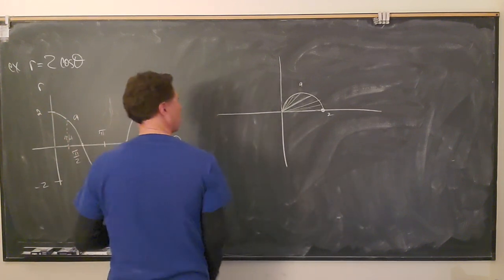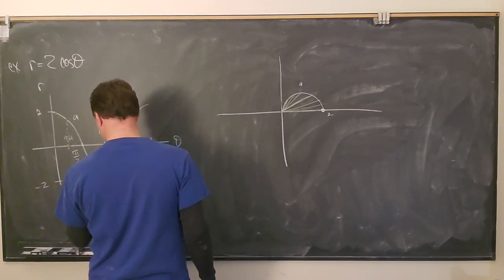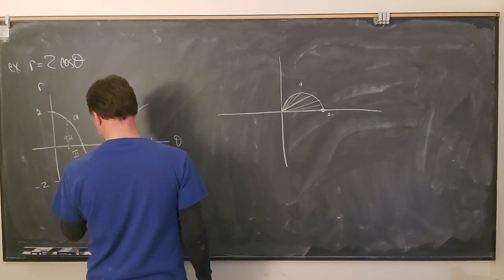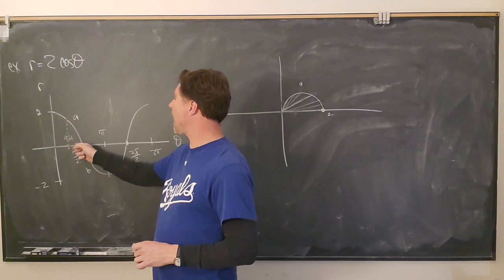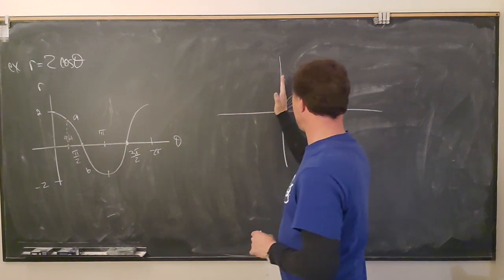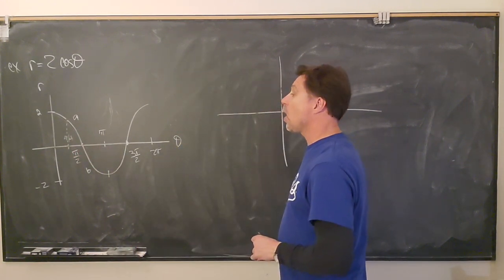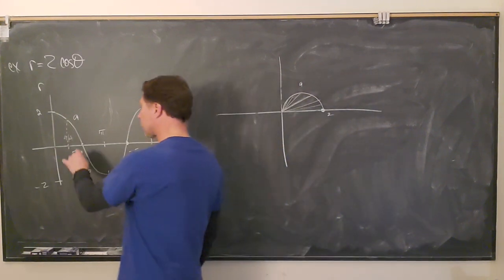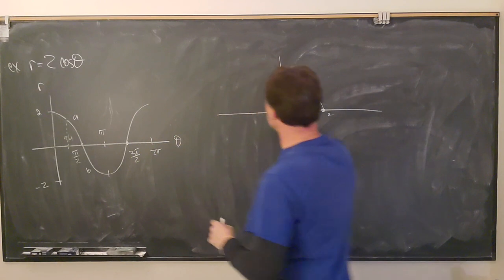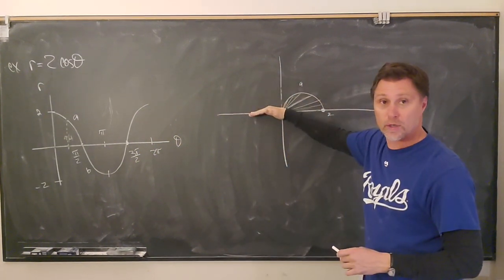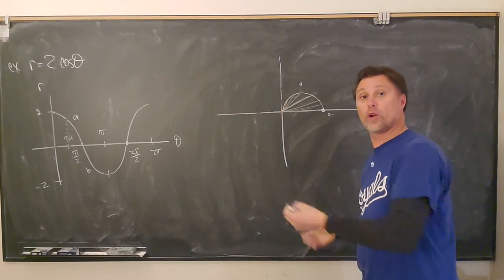Now let's look at the second segment here, and let me label that B. As theta goes from pi over 2 to pi, we're sweeping out the second quadrant. What we have is a negative radius, right? It's going from 0 to negative 2. So as I sweep out the second quadrant, I'm going to be drawing in the fourth quadrant, right?